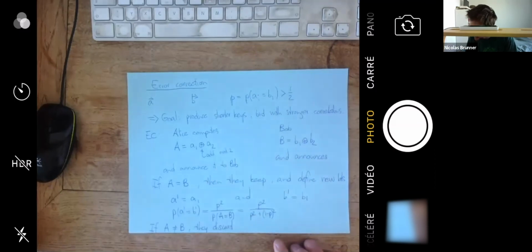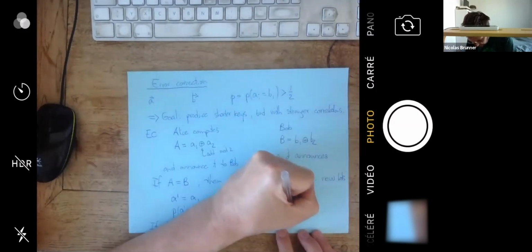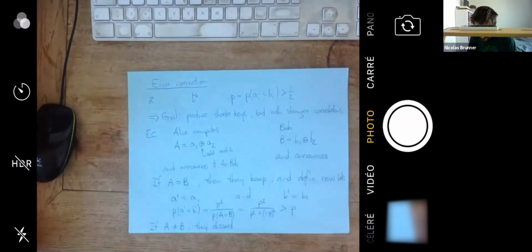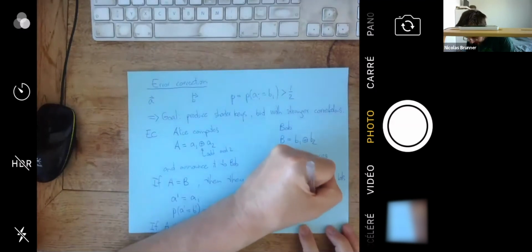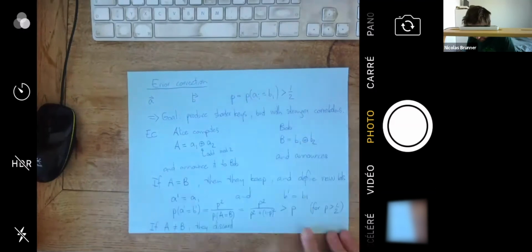And now, you can immediately see with a little bit of algebra that this thing is always larger than P for P greater than 1/2. I let you check this, but it's immediate to see.